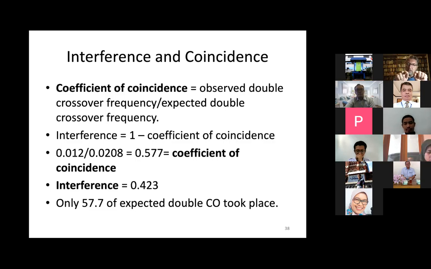It means 4 times less probable than when you have a 20% recombination or 20 centimorgan distance. So not only is the expected frequency of double crossovers small, but interference also makes them less likely to occur. In our example, only 57% of the double crossovers that were expected really occurred.